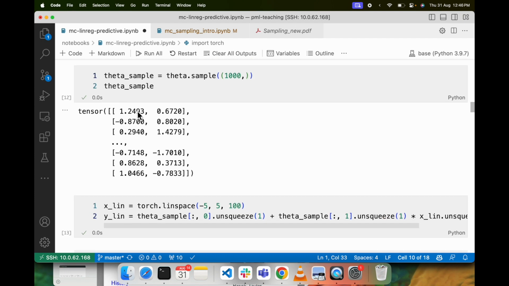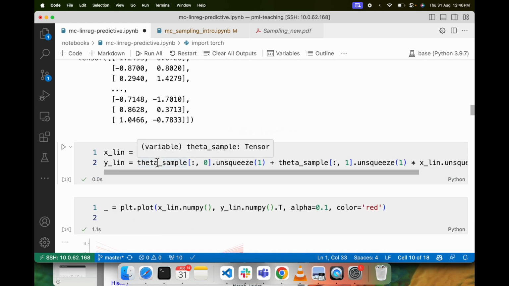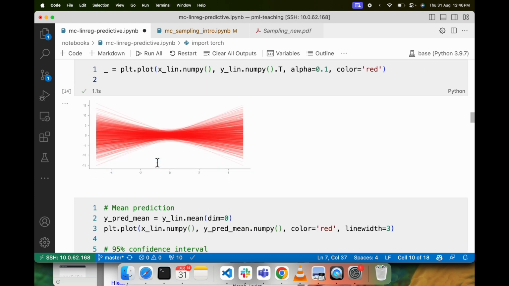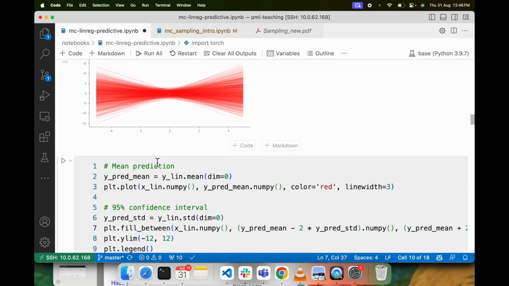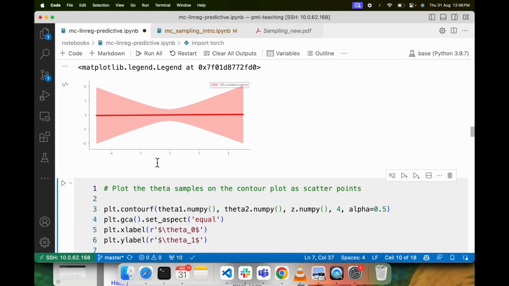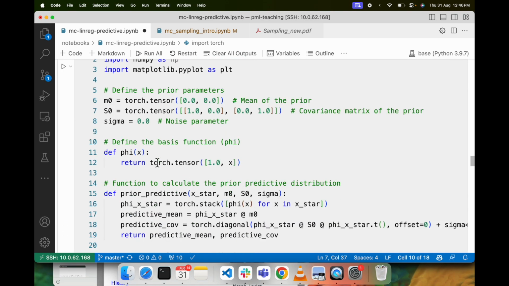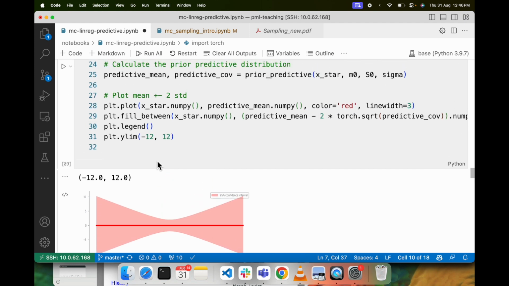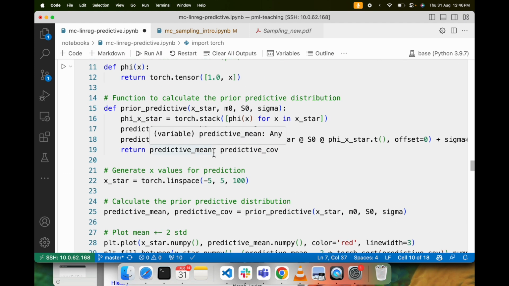For every sample, you just put in theta naught plus theta 1x, and you do that for all the samples. After that, you will get multiple such predictions. Now you can just take the mean and the standard deviation across these different samples, and that is going to give you the same result as the closed form.